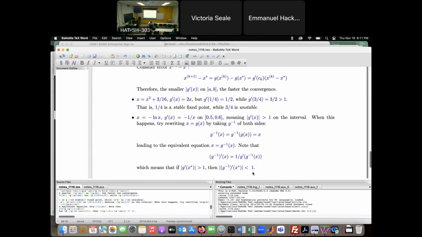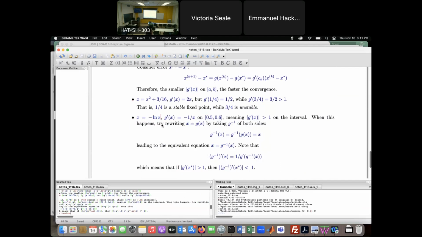So that is how you repair a bad x equals g of x: invert it. And that's what happened with this example, x equals minus natural log of x. I took the inverse function of minus natural log of x, and I got e to the minus x, and that worked.